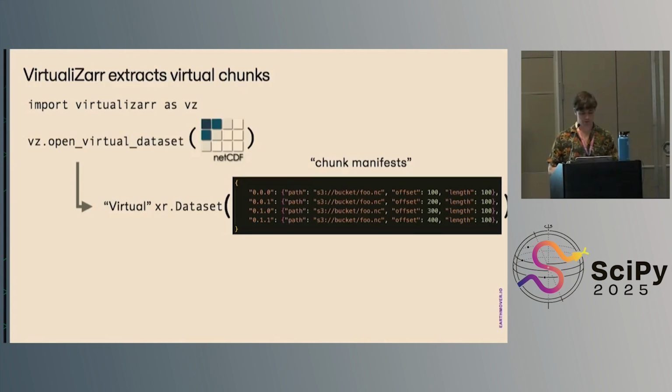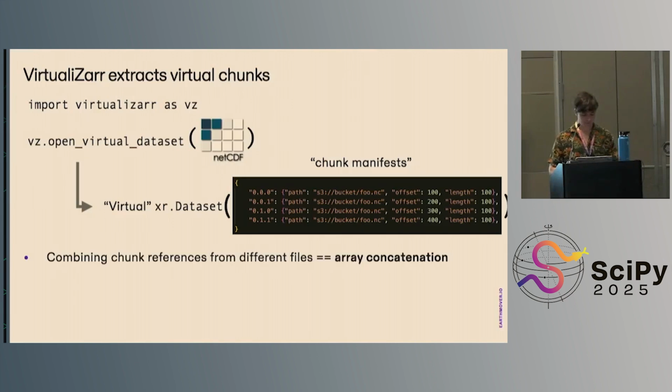So for Zarr chunk key 000, it's in this path, and the HTTP range request has to start here and end here. And that's what we mean by a virtual reference, and a bunch of them together is a chunk manifest. And it's VirtualiZarr's job to inspect the netCDF file and extract this kind of information, which will depend on the specific file.